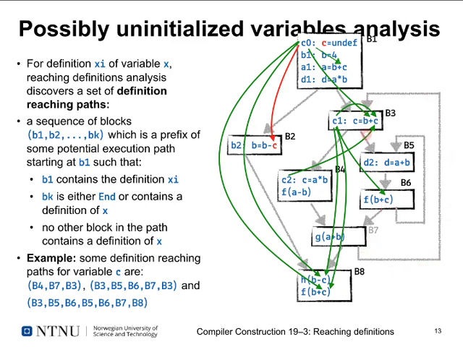Another path might be b3, b5, b6, and then it takes another iteration through the loop, so we're going through b5 and b6 again, and then finally up through b7 to b3, where we're redefining our variable c again.